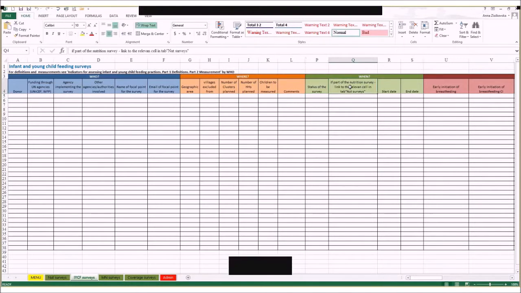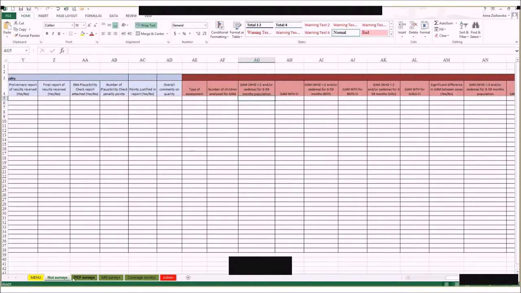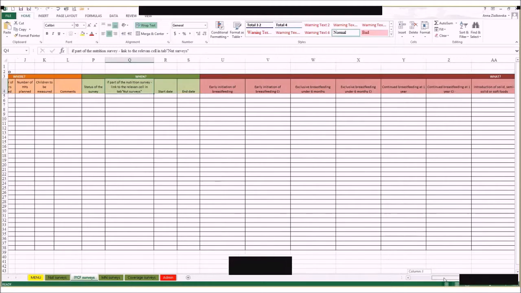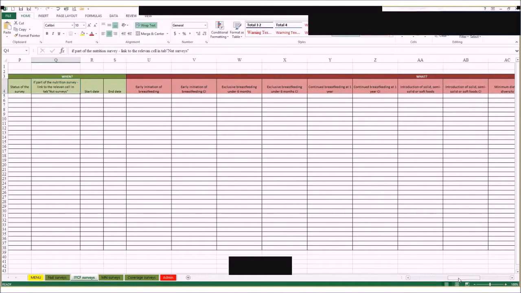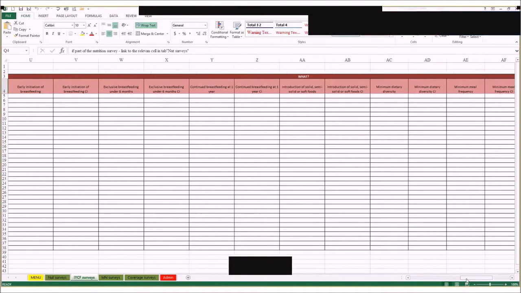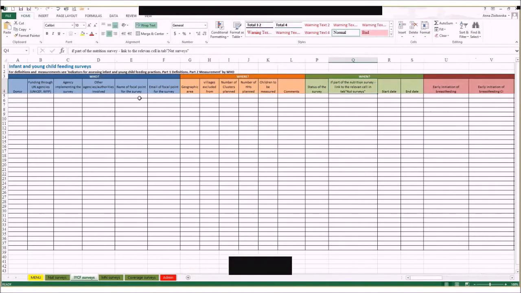You have to put here a link to the nutrition surveys cell where you have this report. And then the indicators which we are proposing to collect are 8 standard indicators recommended by WHO. And you have here the name of this document with the recommended indicators.